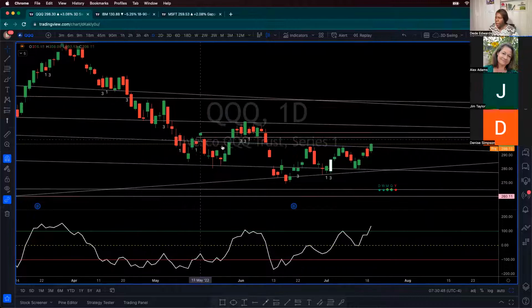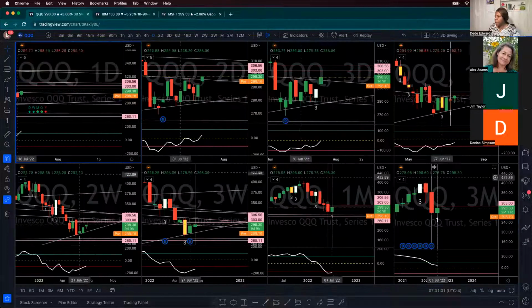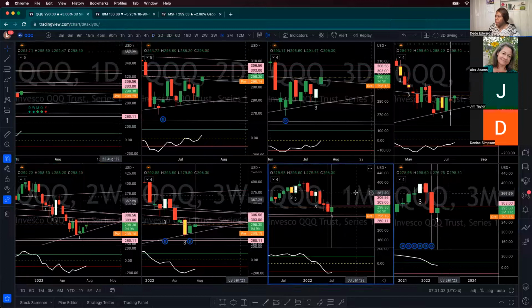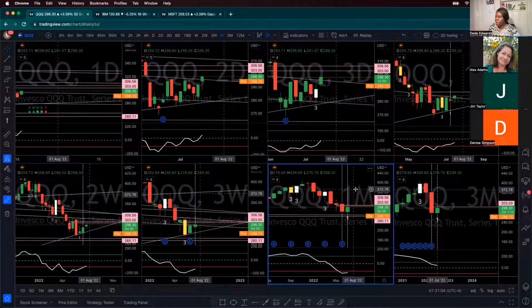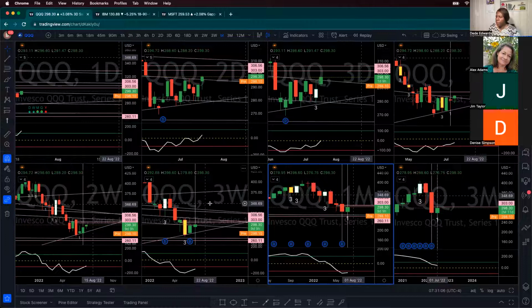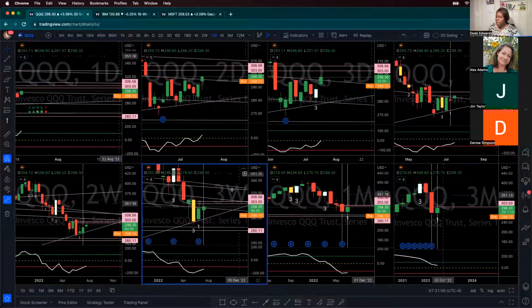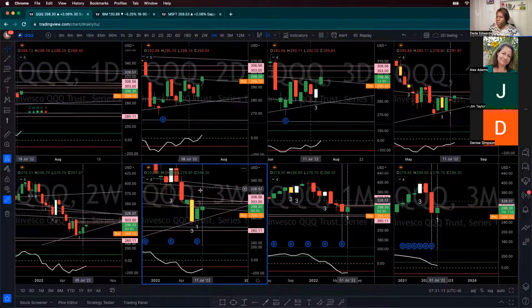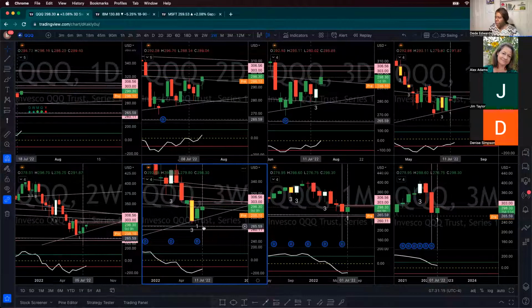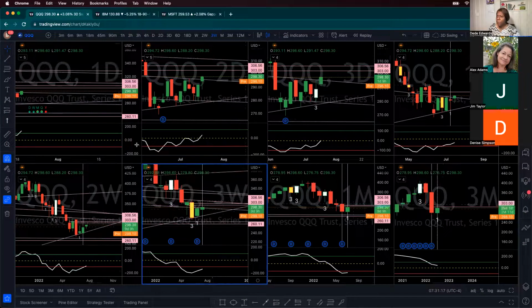And so I kind of redrew my broadening formations using the daily chart, because in all the videos I was using the monthly. We're inside month right now, guys. We go back here, look at this broadly. You can see that we're inside month. We're on a 3-1-2 to the upside on my 3-week pattern, so we don't get that flip again until the 1st of August.